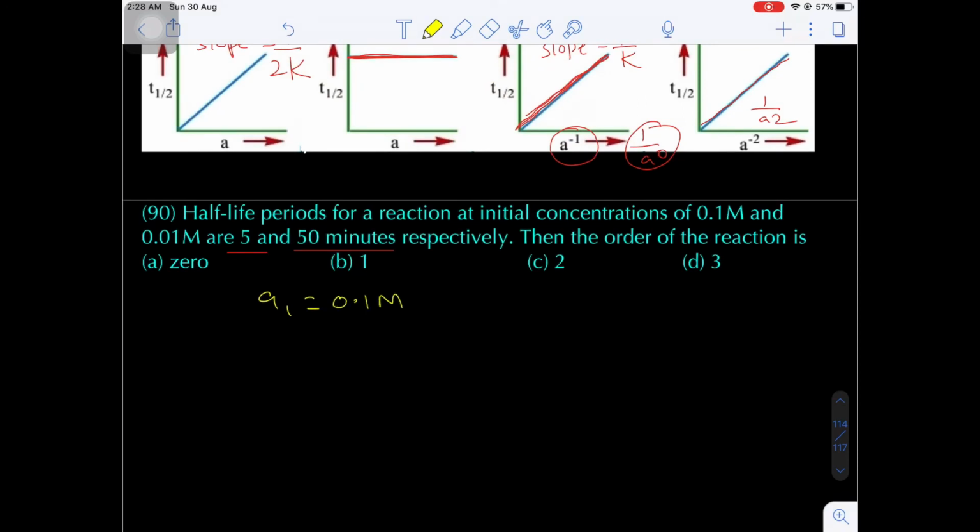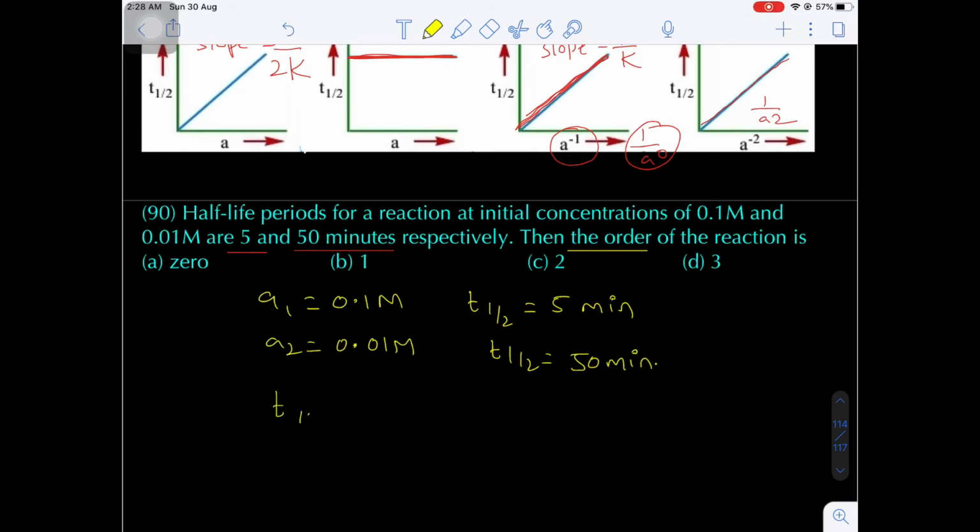At that initial concentration 0.1 molar, what is the half-life? 5 minutes. And what is the next initial concentration given? 0.01 molar, according to which half-life will be 50 minutes. Now the question is to find the order of the reaction.